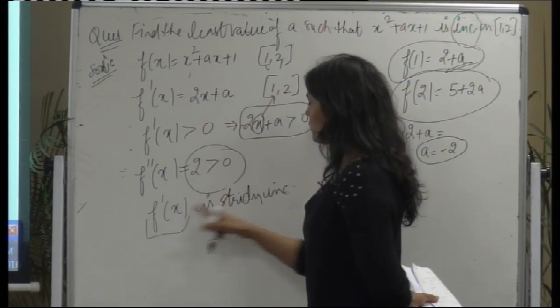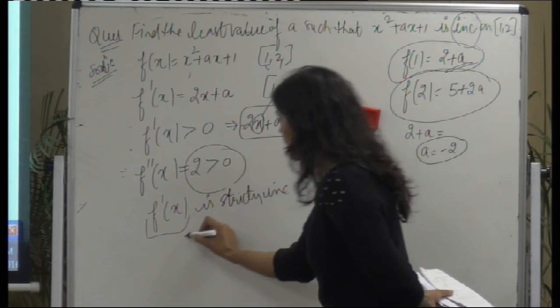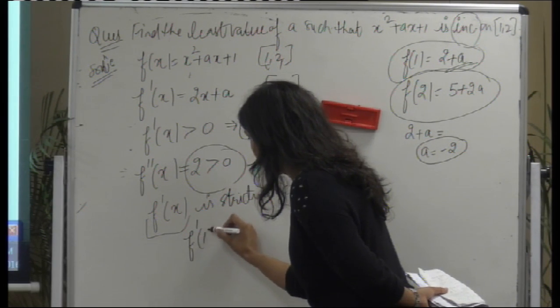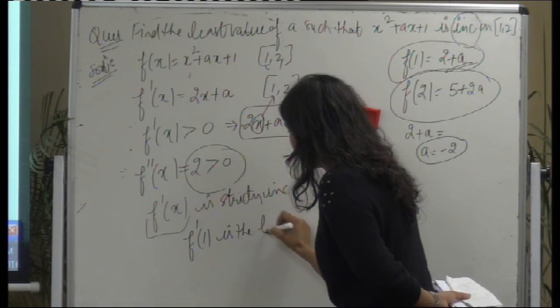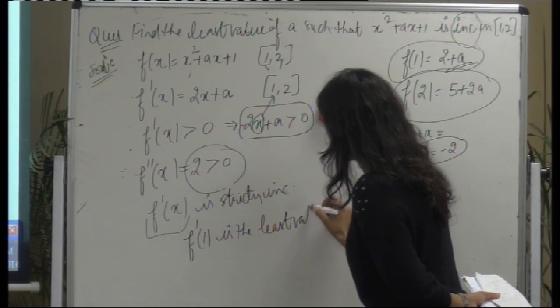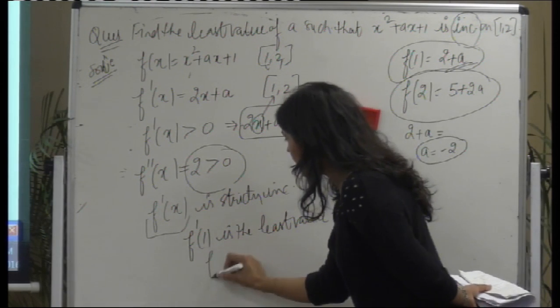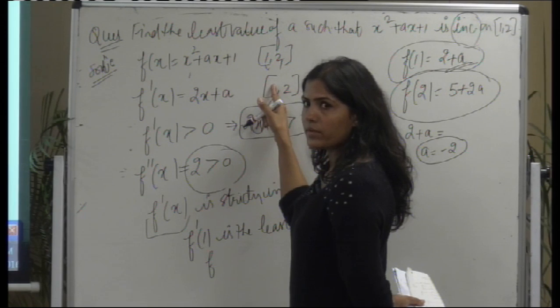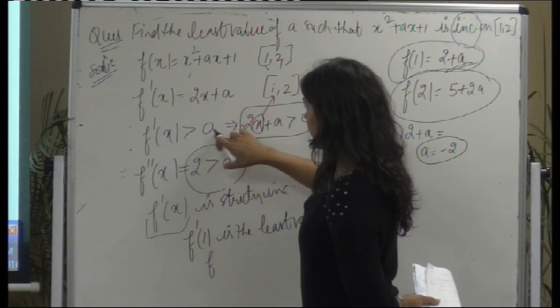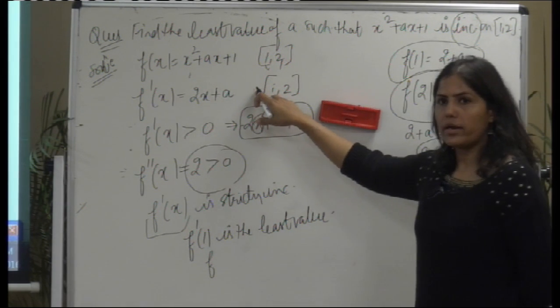So this function is increasing strictly. So it means f dash 1 value is the least value. So f dash x is greater than 0 for all x lying between 1 and 2.